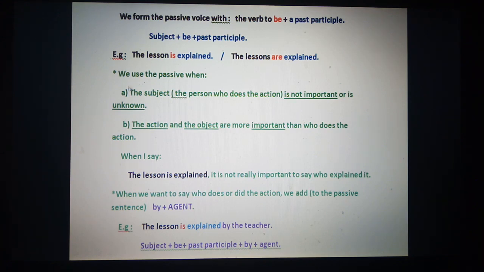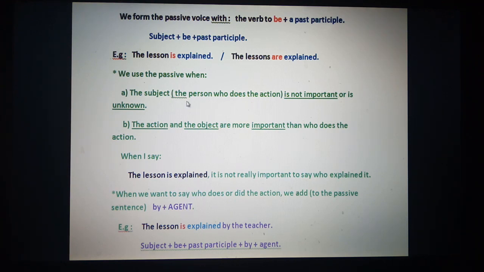When do we use the passive? We use the passive voice when, for example, the subject, meaning the person who does the action, is not important or is unknown. We don't know who did or who does the action.